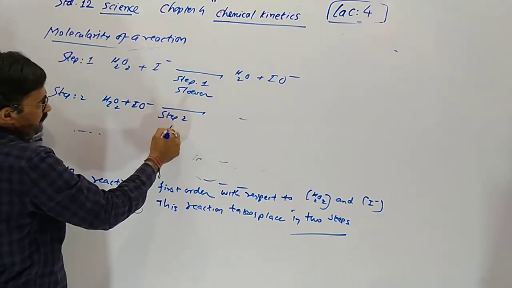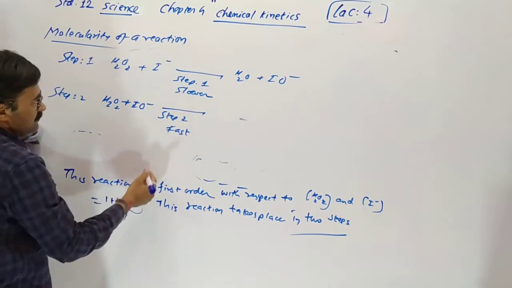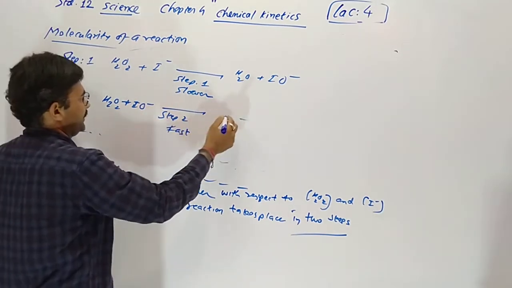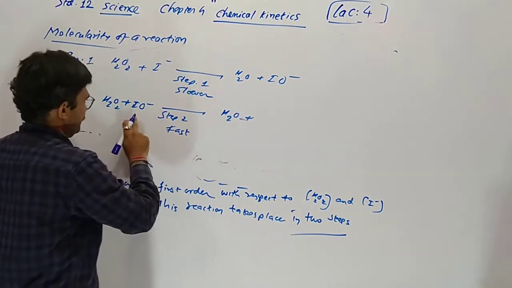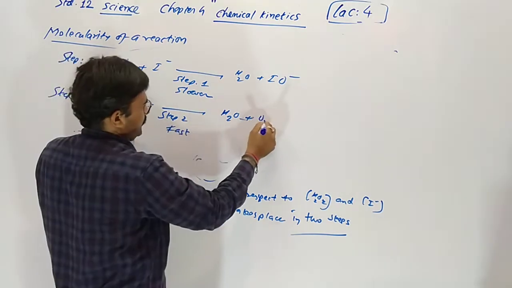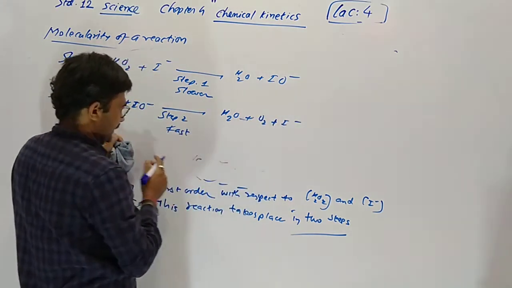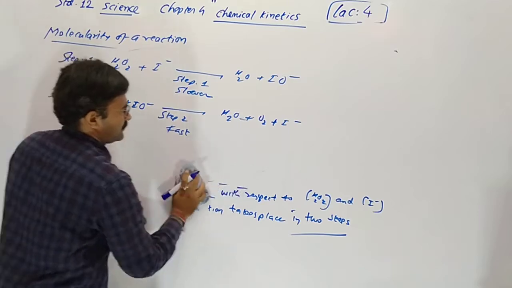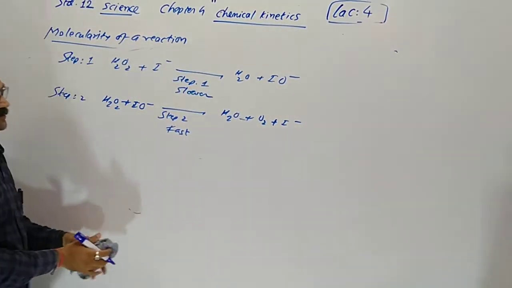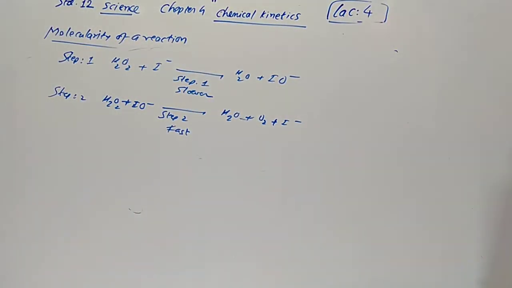Step number 2 is fast. Once again it gives H2O plus O2 and I minus. Here there are 2 steps. Both the steps are bimolecular elementary reactions.